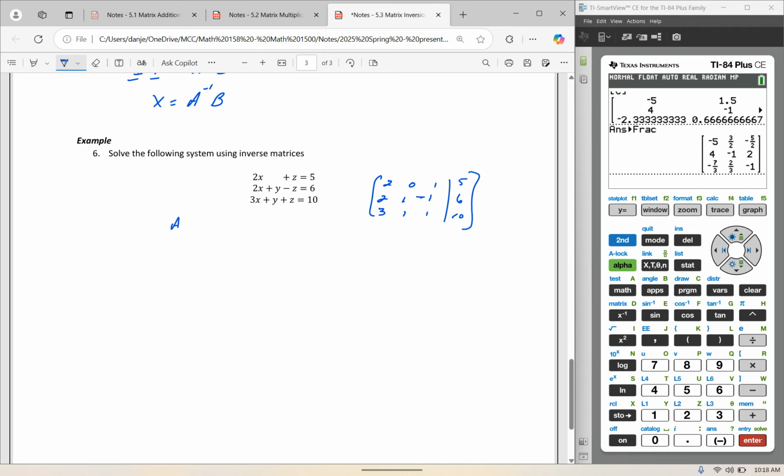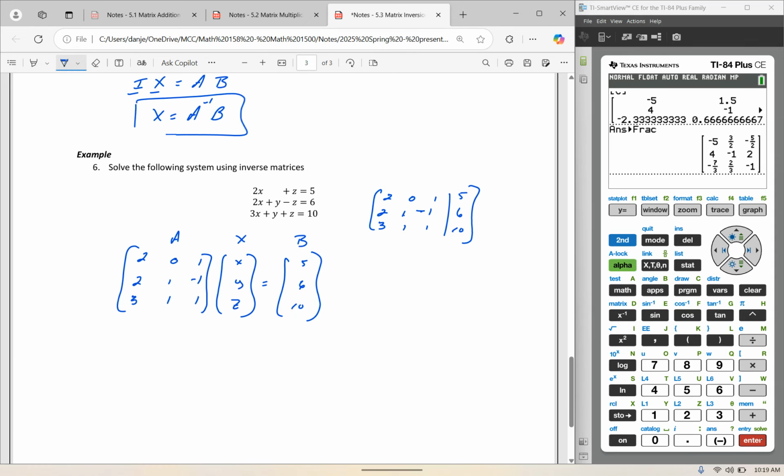Matrix A is the coefficients, 2, 0, 1, 2, 1, negative 1, 3, 1, 1. Matrix X is the variables, X, Y, Z. And then matrix B is the solution, 5, 6, 10. And again, as we showed up here, X is the inverse of matrix A times matrix B.